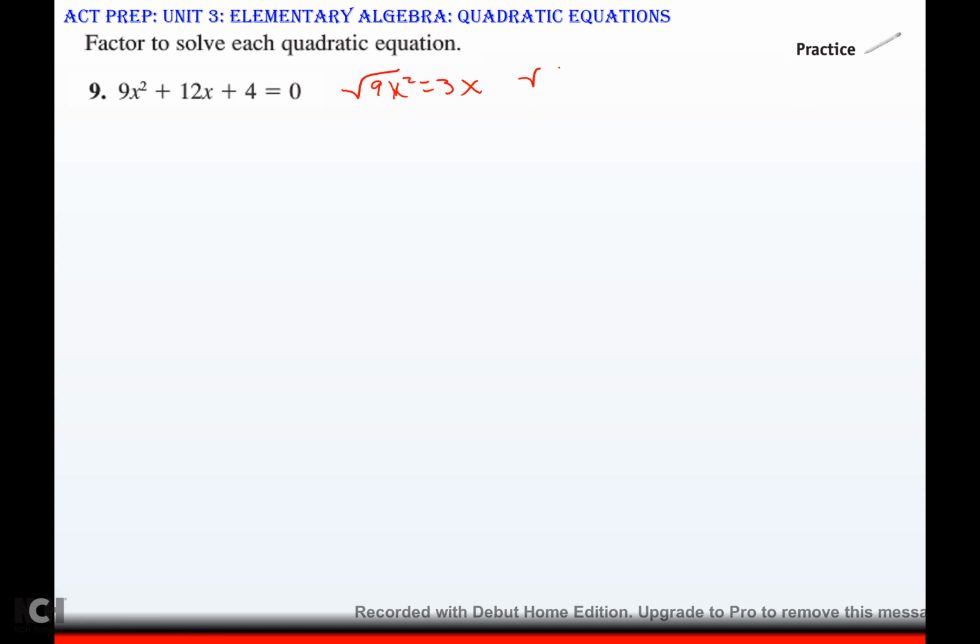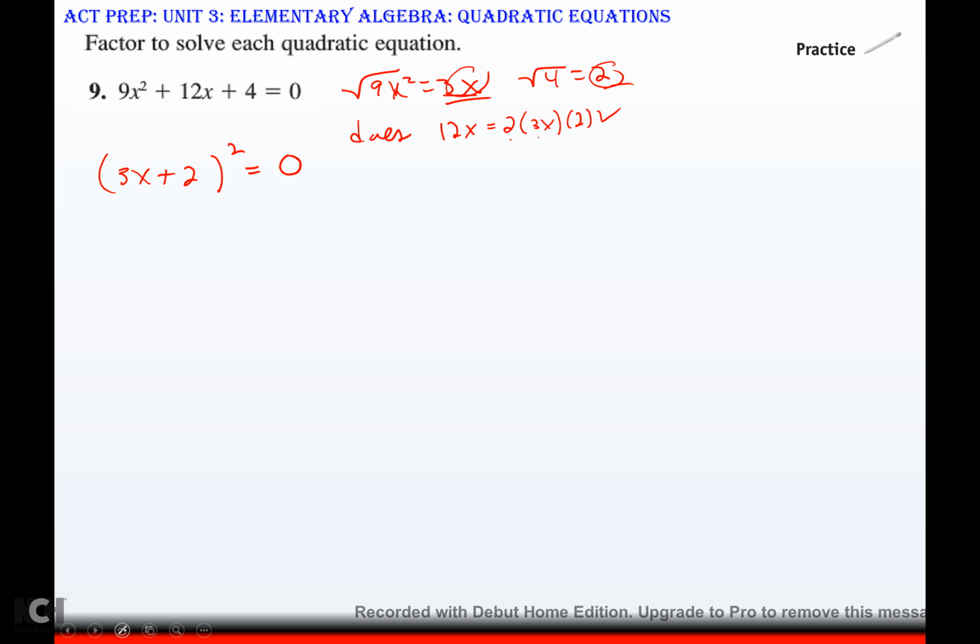The square root of 4 is 2. And does the middle, 12x, equal 2 times these guys? Well, 2 times 3x would be 6x, times 2 would be 12x. So yes, it does, which means this is a perfect square. So it would be 3x plus 2 squared.